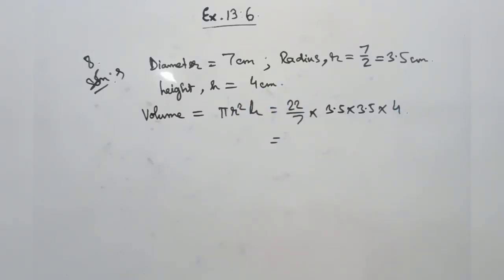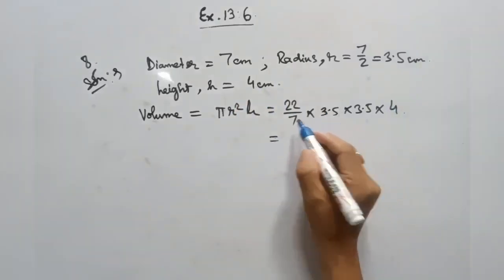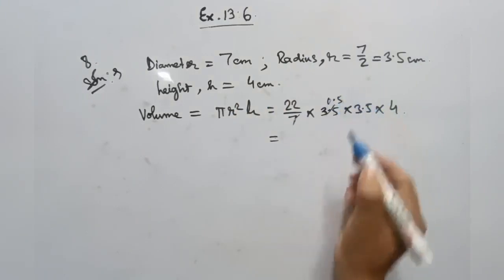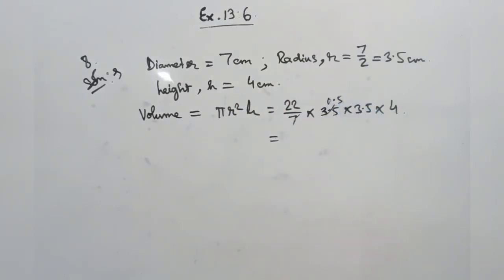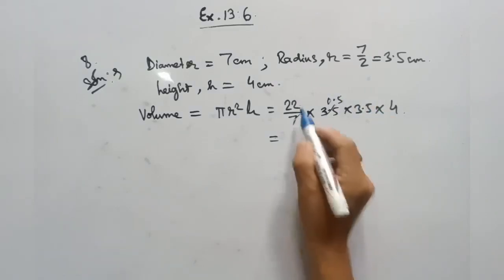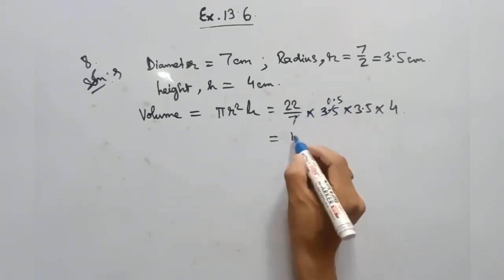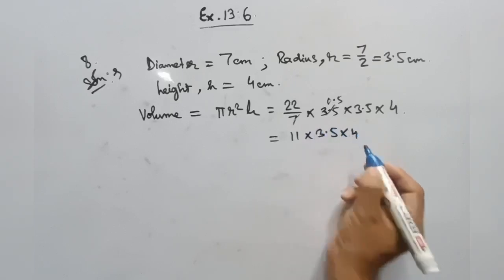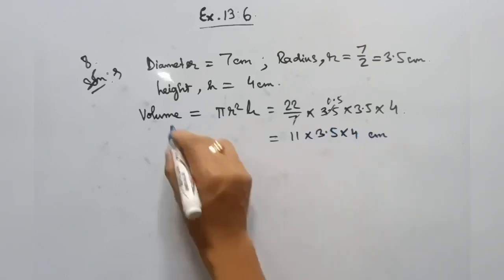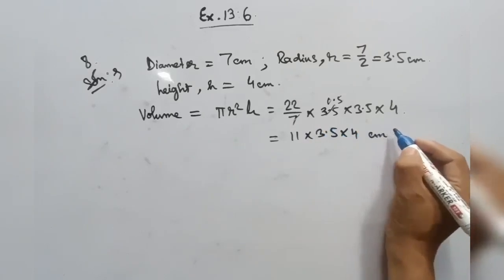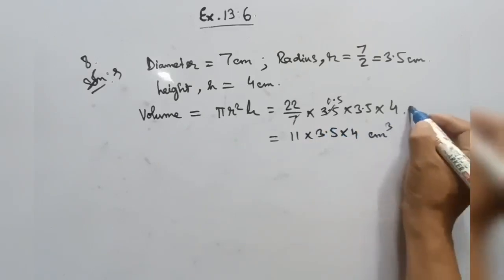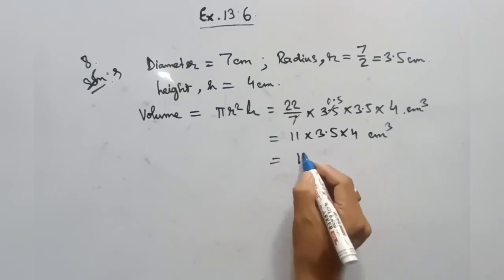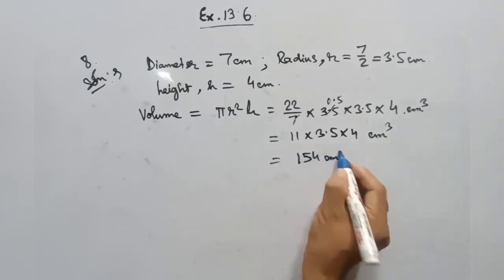This is equal to 3.5 divided by 7 is 0.5, and 22 multiplied by 0.5 is 11. So 11 into 3.5 into 4, volume of the cylindrical bowl. So this will be centimeter cube. Multiplying this, we will get 154 centimeter cube.